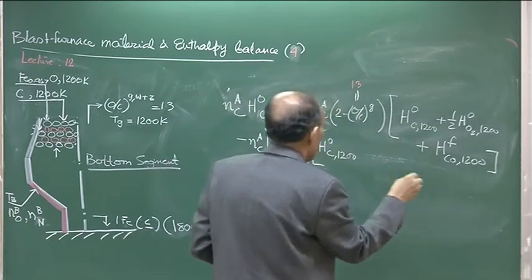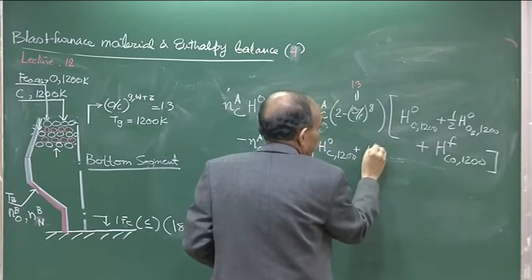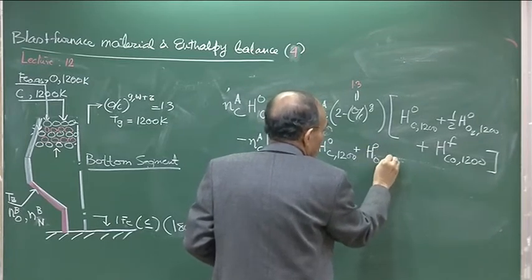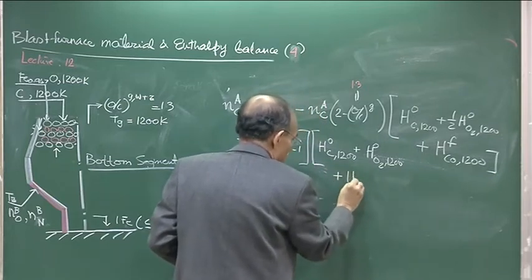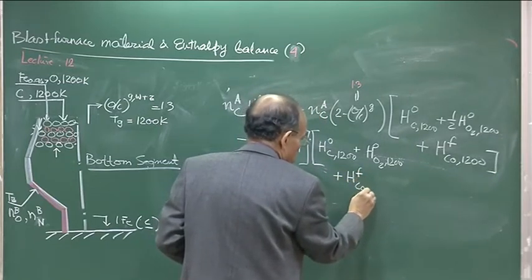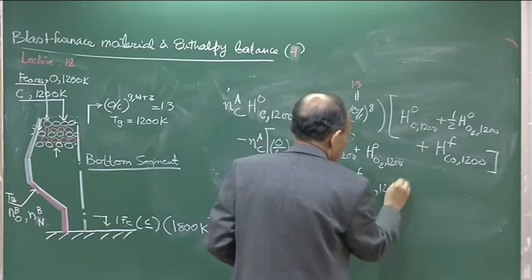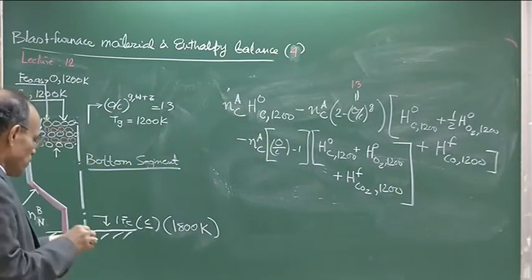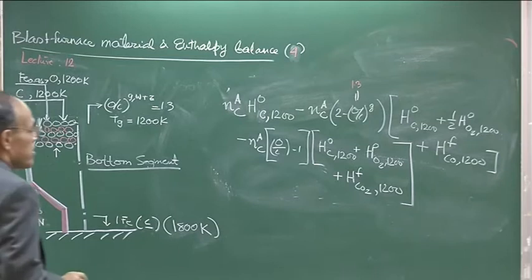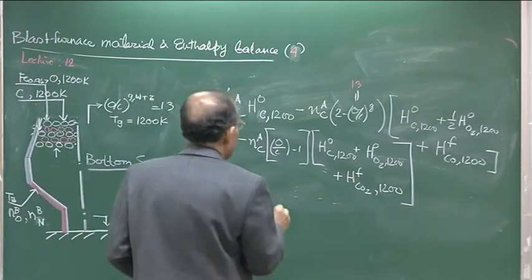So, therefore, I would say there will be no half here, H naught O2 1200, and then we have plus heat of formation of carbon dioxide at 1200. That is what it is. Let us open up the bracket. So, we can do it here.